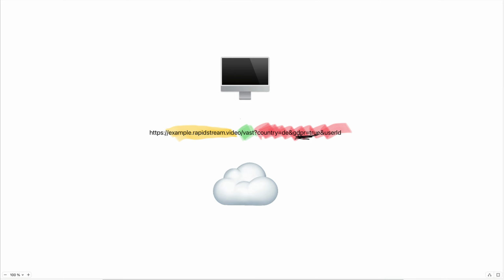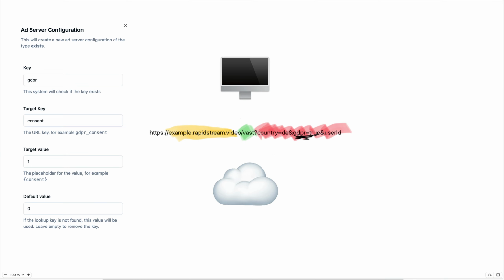So now you may remember that we can do some matching or some checks in the configuration. So what we could do now to transform this GDPR parameter to a constant parameter for the ad server is we add a configuration in the panel which looks like this.